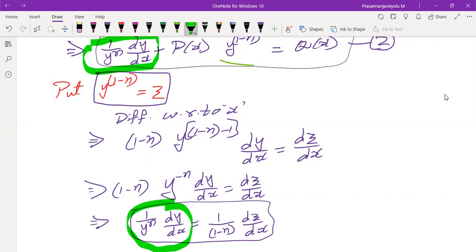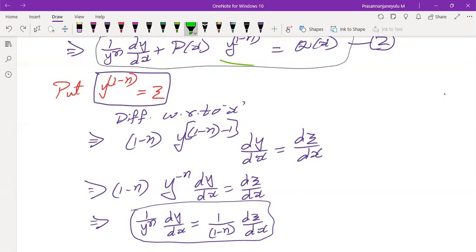Check, both will be the same. You substitute anything, you should get it like this only. If you are not getting it like this, then the substitution you made is wrong. That means what we substitute depends on our choice.